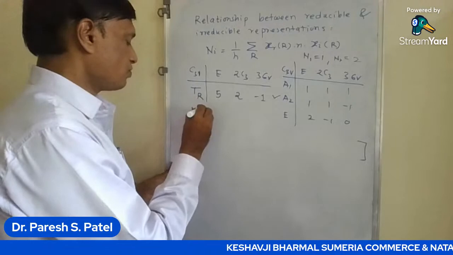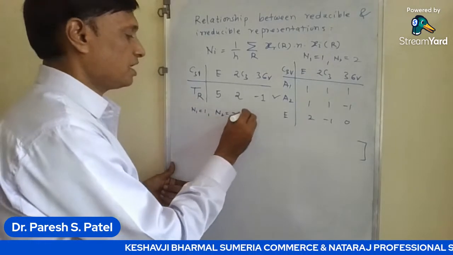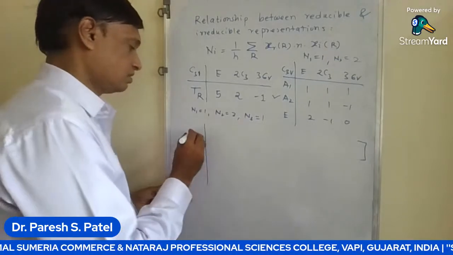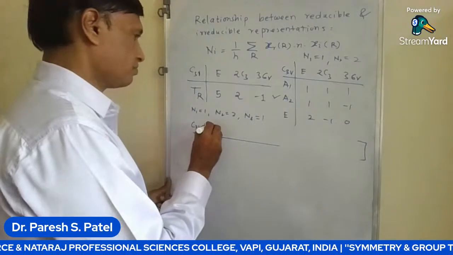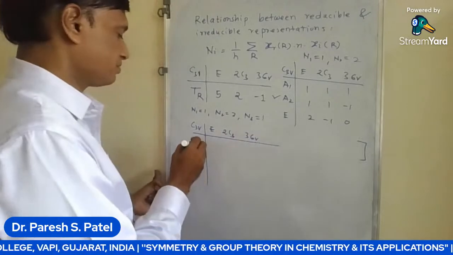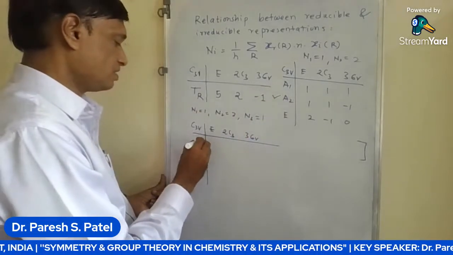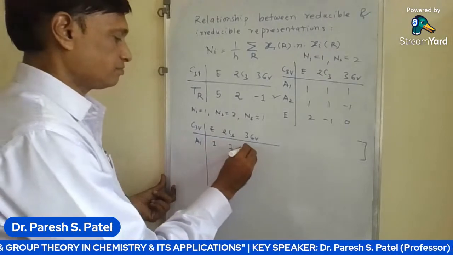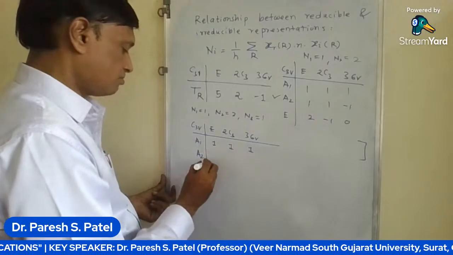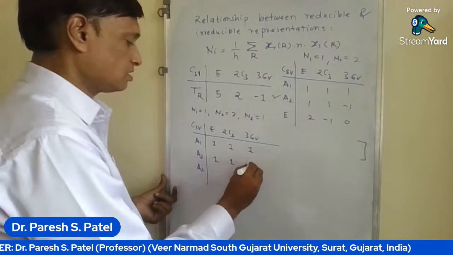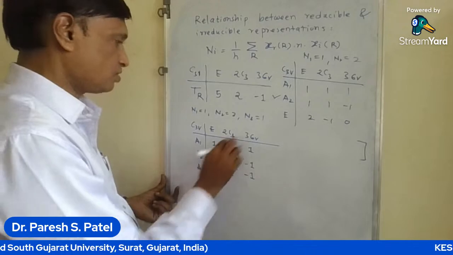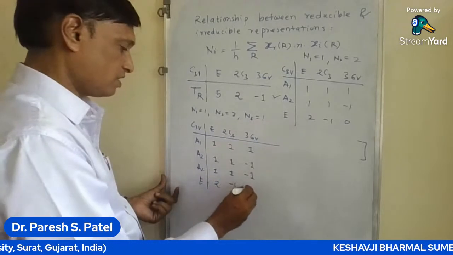So n1 is equal to 1, n2 is equal to 2, n3 is equal to 1. For C3v: E, 2C3, 3σv. n1 equal to 1 means A1 occurs only one time. n2 equal to 2 means A2 occurs 2 times. And n3 is equal to 1 means E occurs only one time.